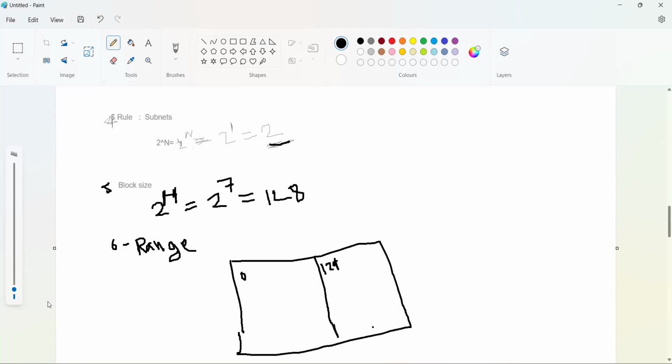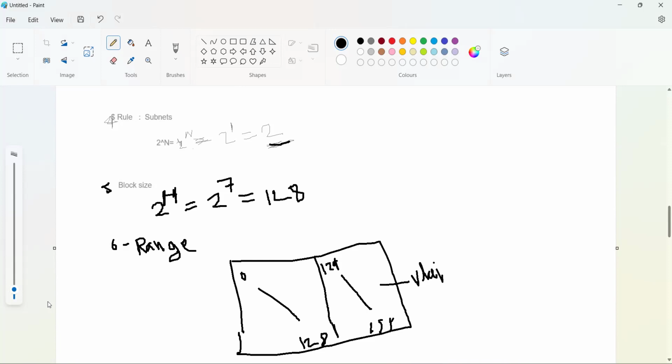One I have taken as 128. My last bit is 128 only. These are my valid hosts.